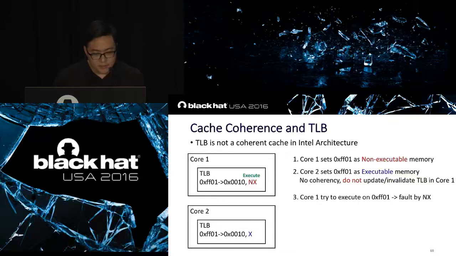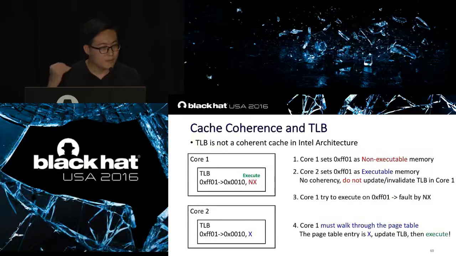And next, when core 1 tries to execute that address, the TLB says it is non-executable. But there is a possibility that core 2 has updated the page table. So in such a case, core 1 is required to walk through the page table, identify the correct permission, then determine the fault.